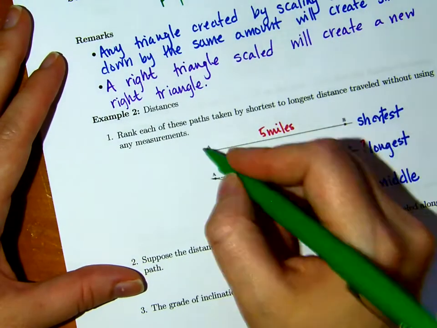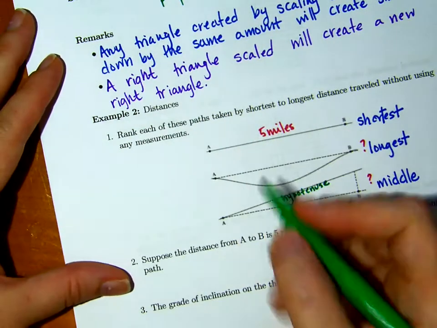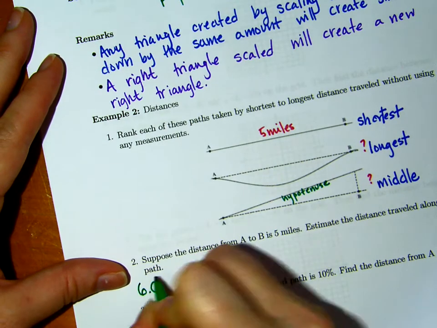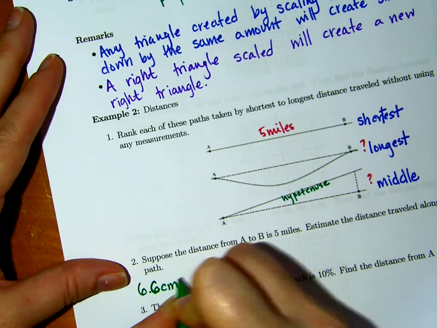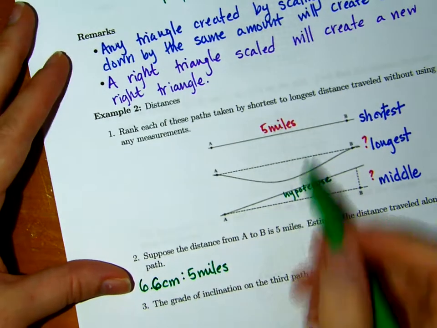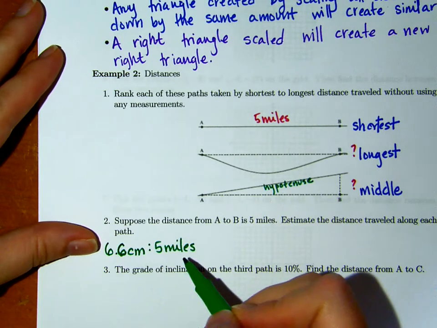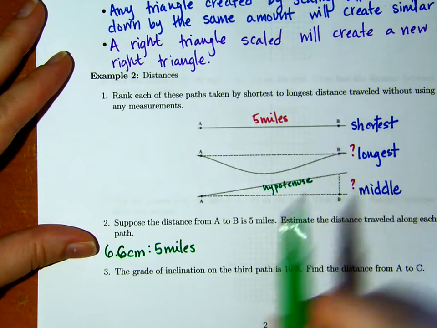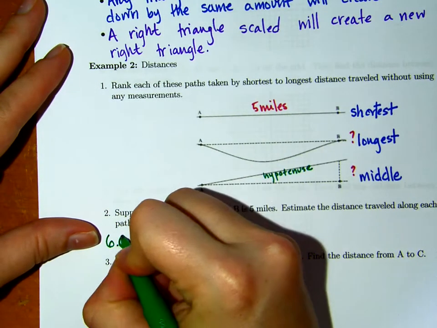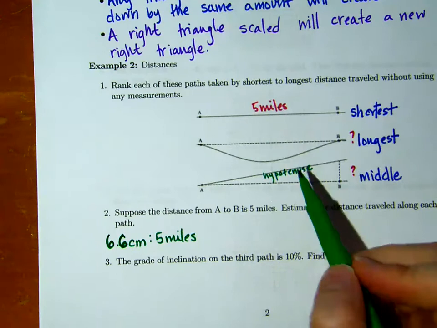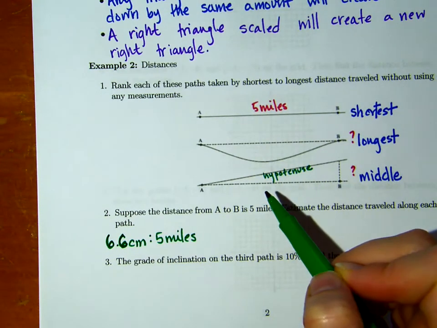So this first one is really telling me that 6.6 centimeters is to 5 miles. When it comes to the scaling, this is our ratio of what we see compared to what it represents. Okay, so we have our ratio, and then maybe we could measure this a little bit here.